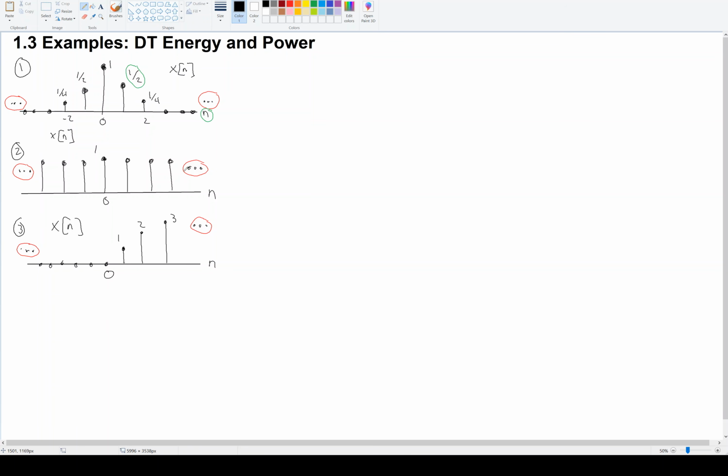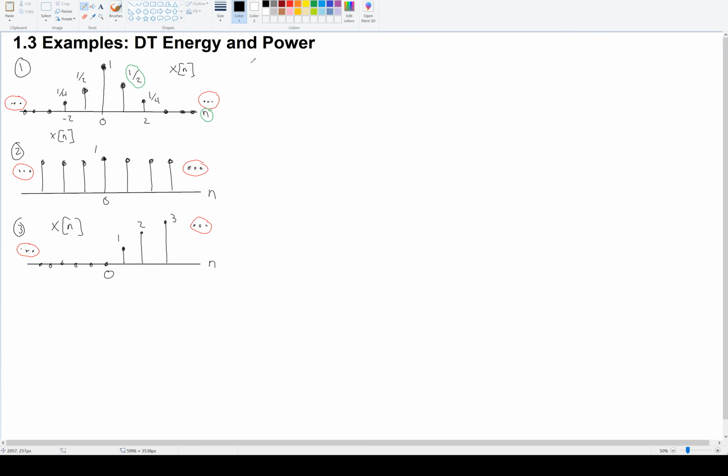And for example 2, we've got a constant signal, 1, 1, 1, 1, and you can expect it to just continue 1, 1, 1 to the right and also to the left. For example 3, we've got zeros at the left, so you can expect it to remain 0 to the left. And to the right, we've got 0, 1, 2, 3, and so you can expect it to continue on that way, 4, 5, 6, 7, and so on.